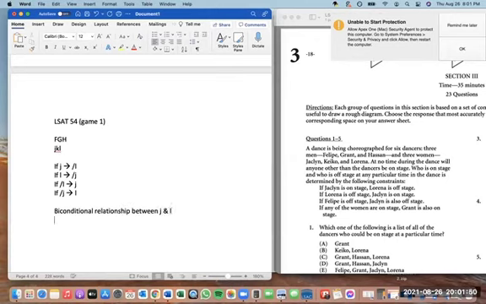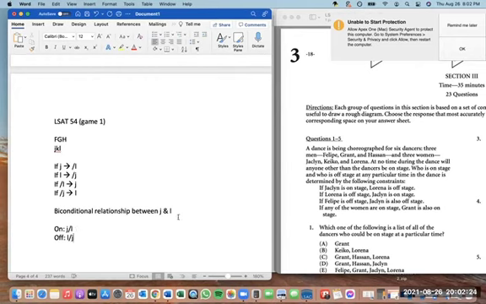That's pretty helpful, but it also tells me I do have to have at least one dancer on stage, right? So I'll put on stage here and off stage here. I have at least one on, at least one off.